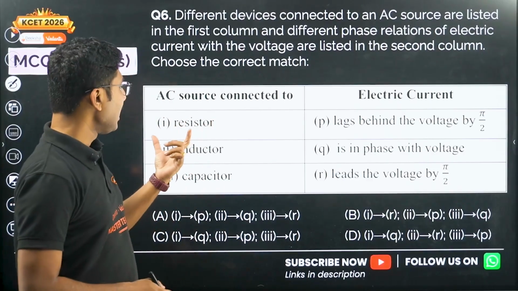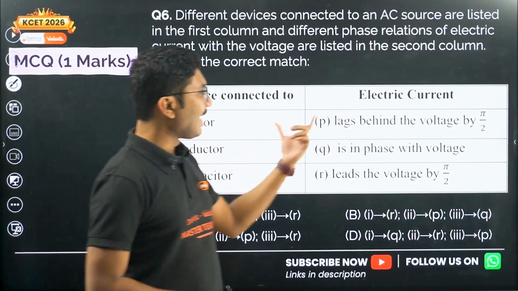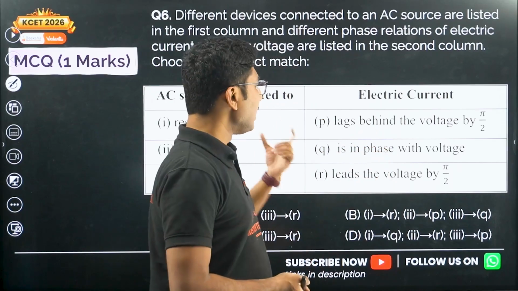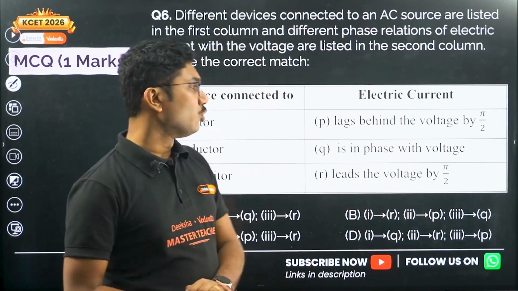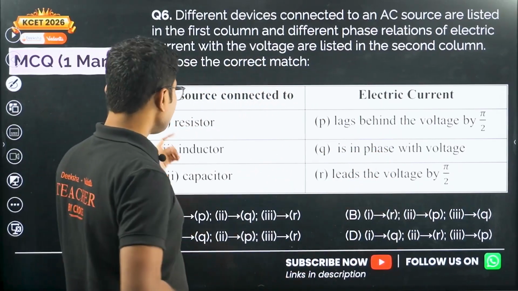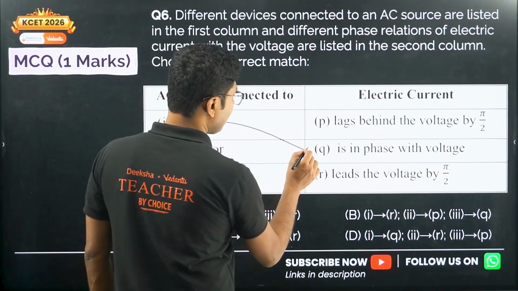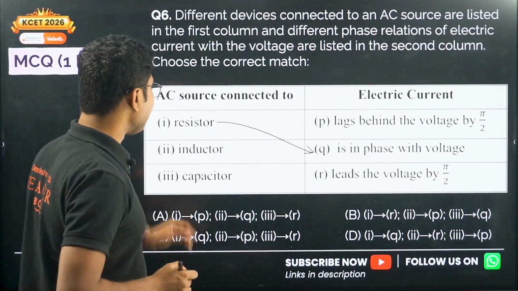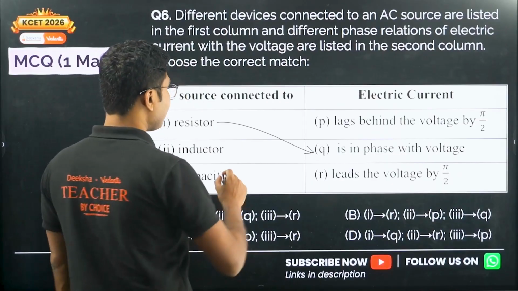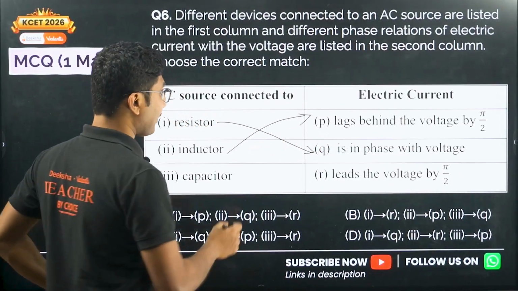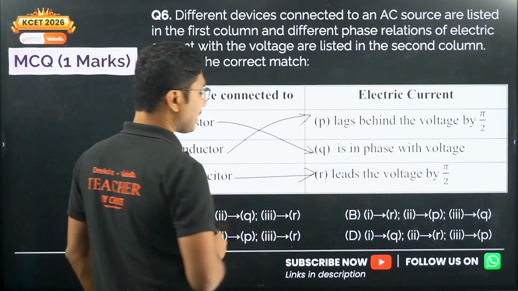Resistor, inductor, capacitor; lags behind the voltage by pi by 2, in phase with the voltage, leads the voltage by pi by 2. We know that in case of a resistor they are in phase, so 1 should be matched with Q. In case of an inductor, the current lags behind the voltage by pi by 2. And the capacitor leads the voltage by pi by 2.